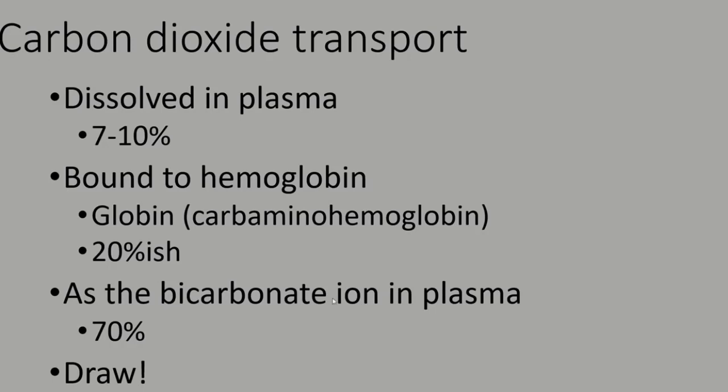And finally, carbon dioxide mostly is carried as the bicarbonate ion in plasma. So the bicarbonate ion, which we will see what that looks like here in a moment, is where 70% of the carbon dioxide in your blood is carried. Most of the carbon dioxide in your blood is carried in the bicarbonate ion in the plasma.